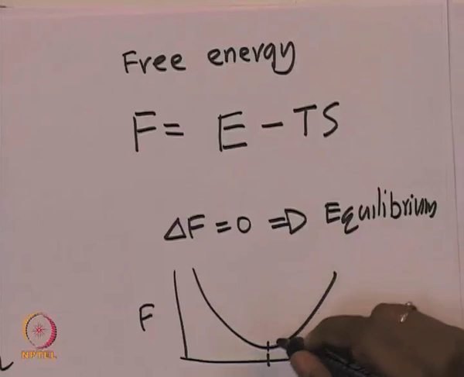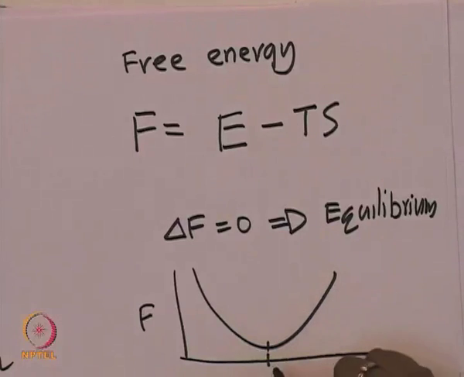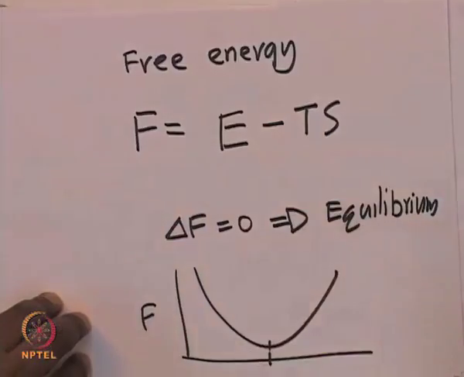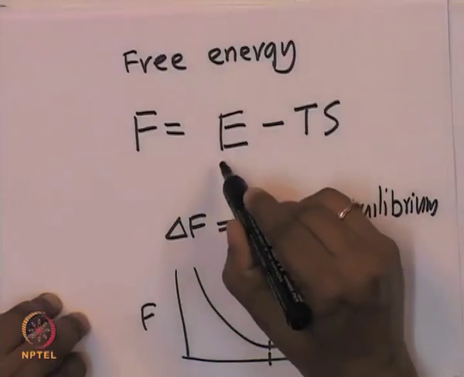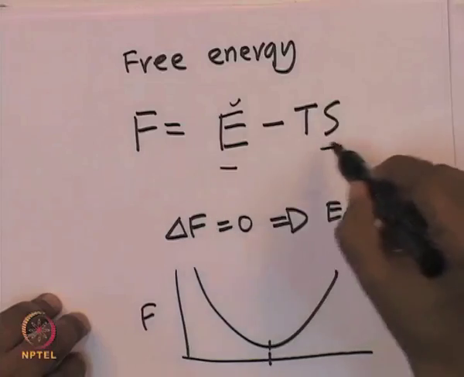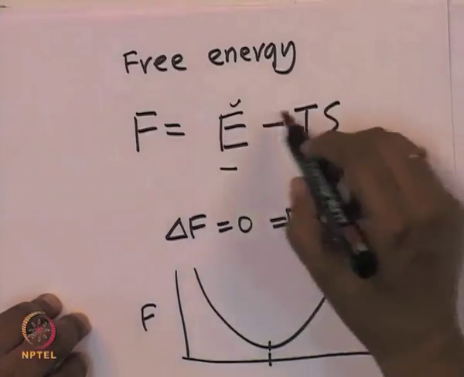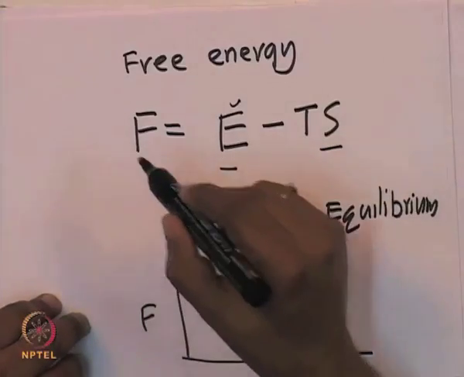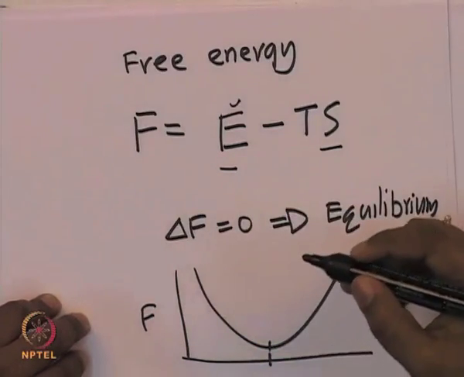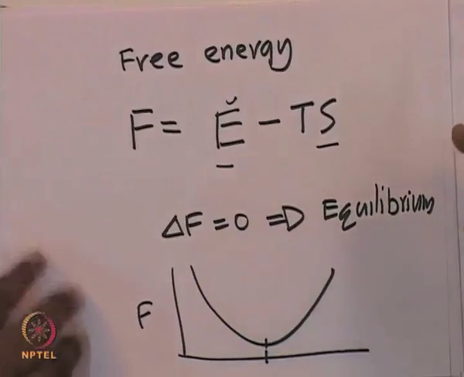By knowing the free energy, we can know whether the system is in equilibrium or not by calculating either delta F or delta G. The point I want all of you to note is that the free energy, the quantity that determines whether the system is in equilibrium or not, has both energy and entropy. So it is not enough to just know energy, you also have to know entropy. The combination of energy and entropy is what decides free energy, and free energy is what decides many of the properties that we measure.